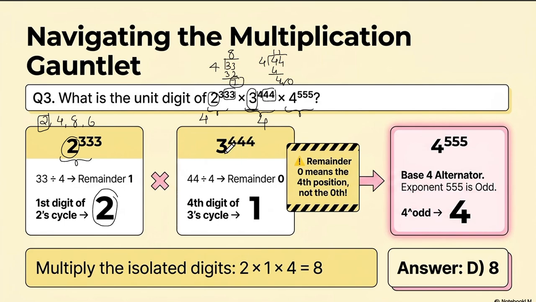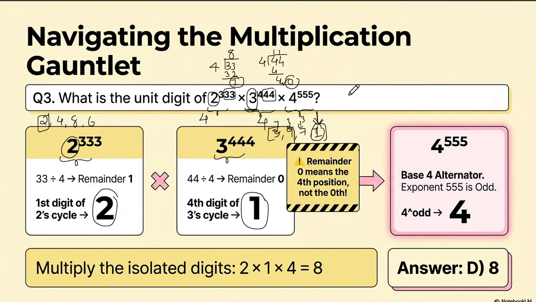The cycle of 3 is 3, 9, 7 and after that 1. Whenever the remainder is 0, your unit digit is the last digit in the cycle. Remainder 1 gives 3, remainder 2 gives 9, remainder 3 gives 7, and remainder 0 gives 1 as the unit digit. So 3 raised to 444 has unit digit 1.